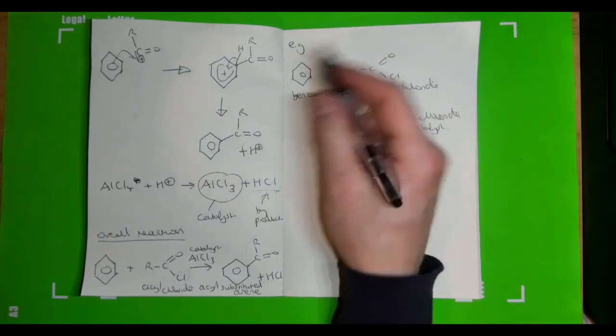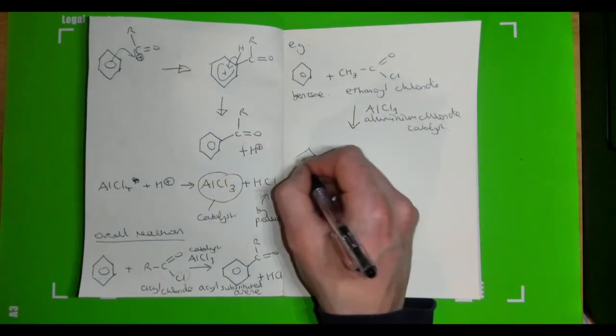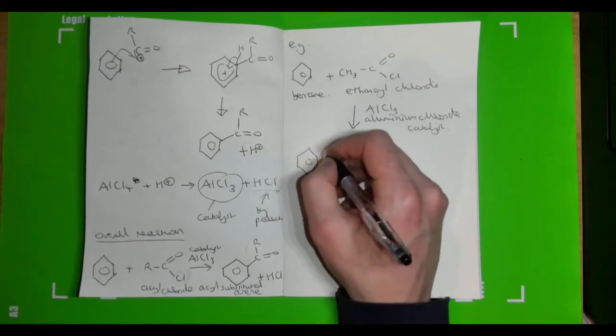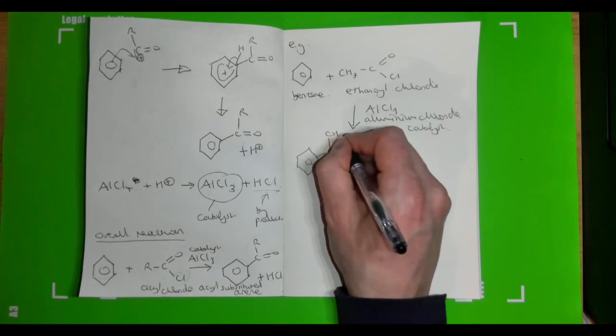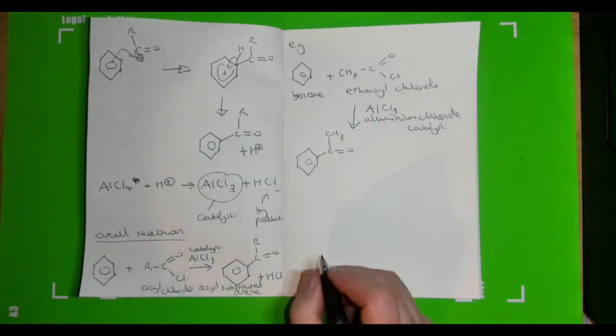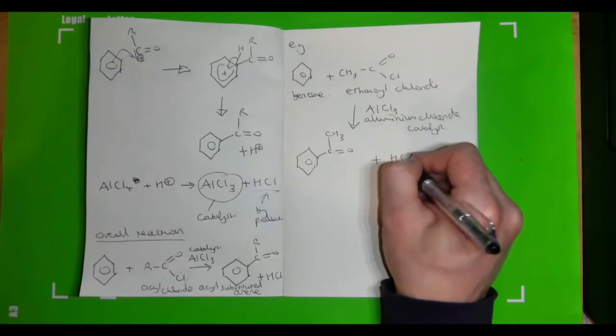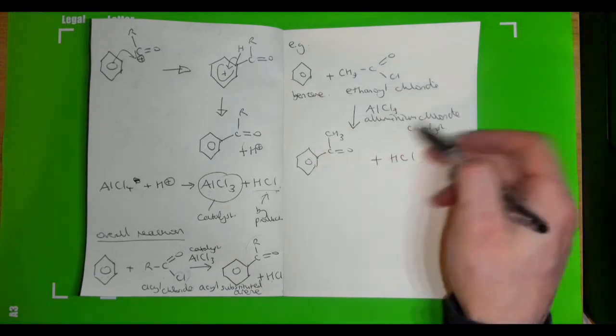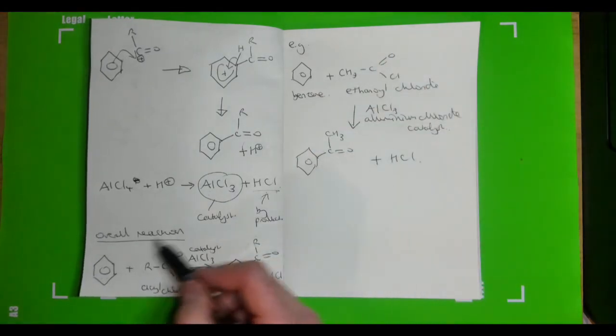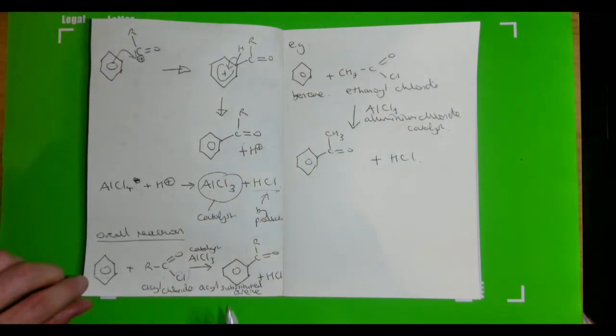So we'll have an acylation reaction here to make this compound, and HCl, okay? So that's an example of this type of reaction here.